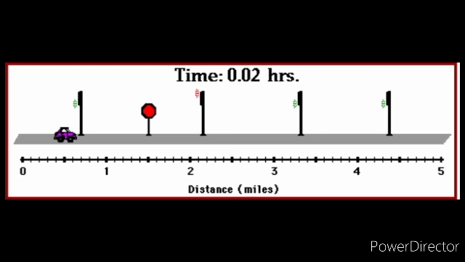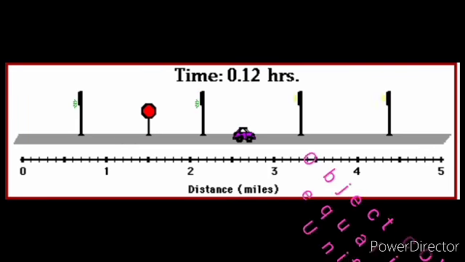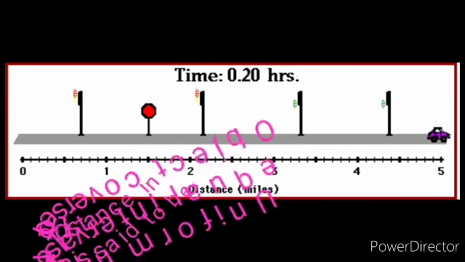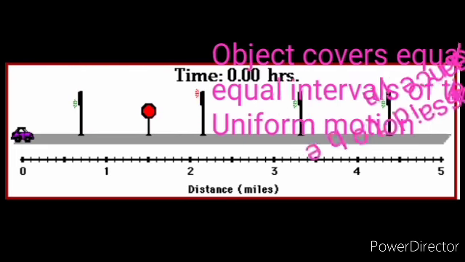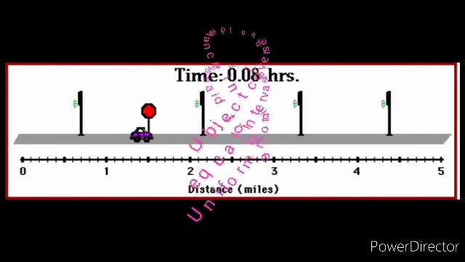Let it travel 5 meters in the first second, 5 meters more in the next second, 5 meters in the third second, and also 5 meters in the fourth second. In this case, the object covers 5 meters in each second. As the object covers equal distance in equal intervals of time, it is said to be in uniform motion.